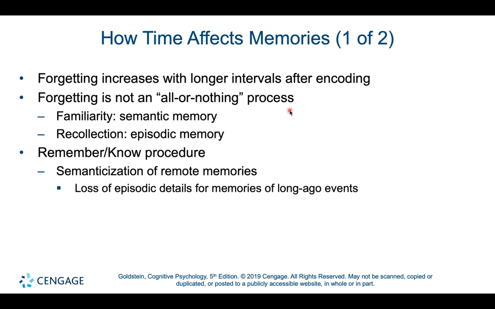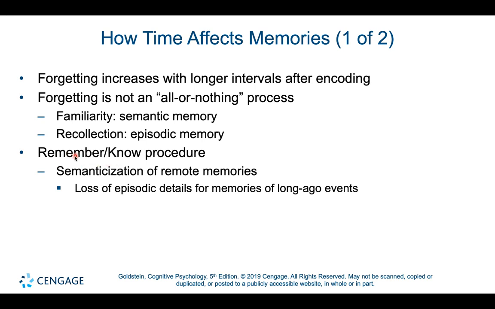We mentioned briefly in part 1 how episodic memories can have the details fade until they become a semantic memory. And this is often tested using what's known as the remember know procedure, which is actually one of your COG labs for this module.